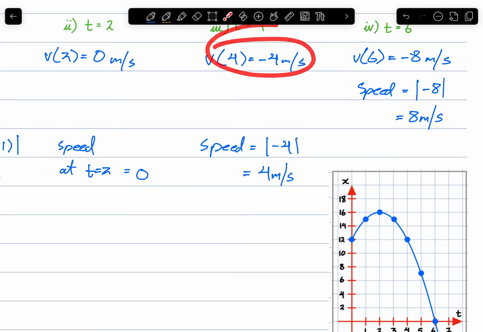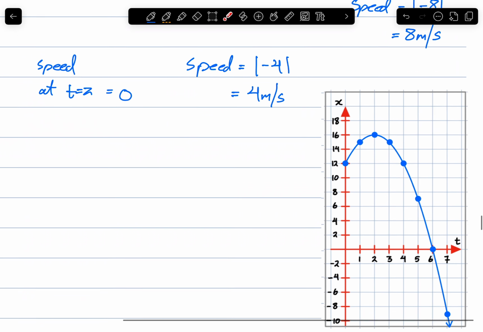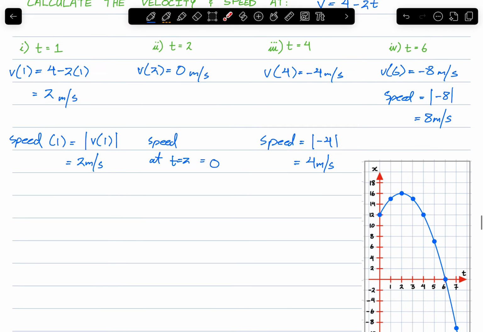So for velocity at 4 seconds, we know it's moving towards the origin, 4 meters per second. But for the speed, if we're sitting here, we're still traveling 4 meters per second, but there is no concept of the reference of whether we're going towards or away from the origin.